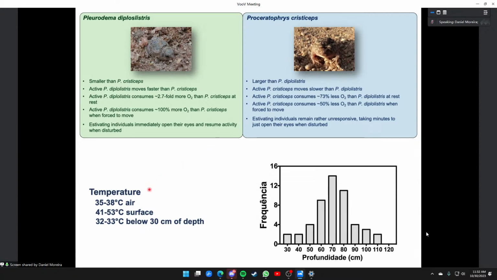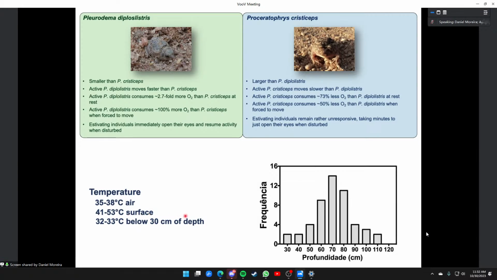And here are some characteristics of the collection site. During the dry season, the air temperature can reach 38 degrees Celsius. And more interestingly, the soil surface on the sand can reach temperatures above 50 degrees Celsius.